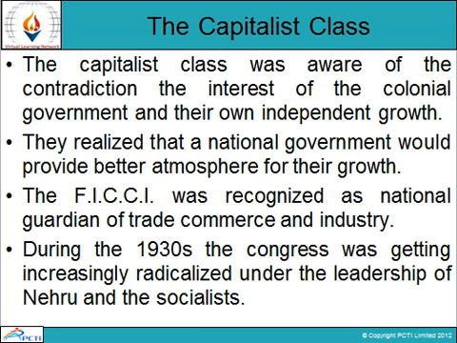They realized that a national government would provide a better atmosphere for their growth. The FICCI was recognized as the national guardian of trade, commerce and industry. During the 1930s, the Congress was getting increasingly radical under the leadership of Nehru and the socialists.